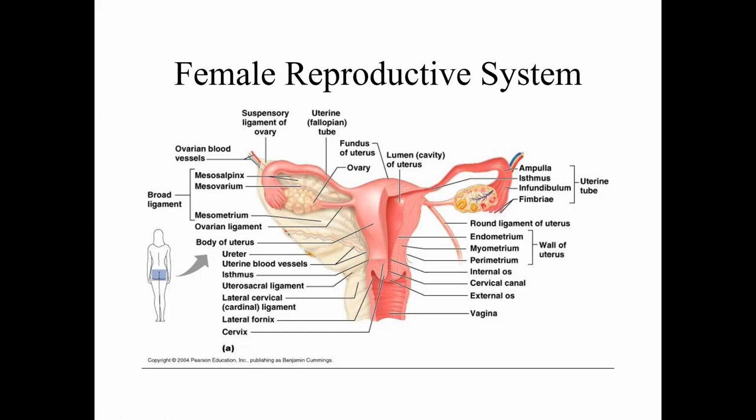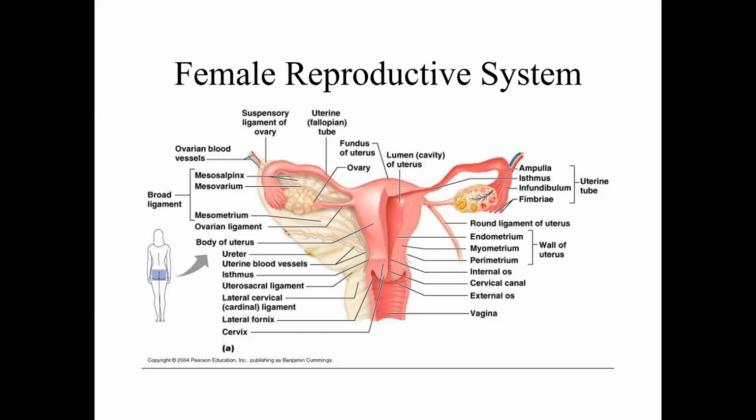And on either side of the uterus, you have a fallopian tube or a uterine tube or an oviduct, 3 different names, that stretch out and end in these structures called the fimbriae. That's out here. Here's an oviduct, and these things that look like fingers are the fimbriae.